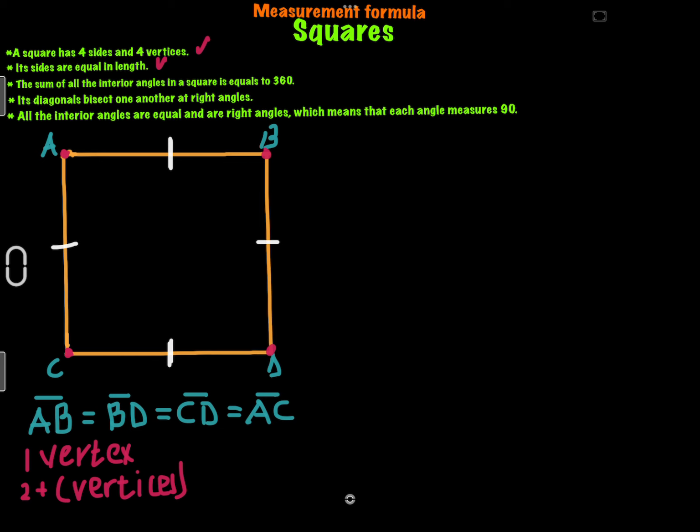The third point in terms of properties of a square is that the sum of all the interior angles in a square is equal to 360 degrees. Now, when you look at the sum of the interior angles, so in other words, angle A, angle B, angle C, and angle D, each angle forms a 90-degree angle.